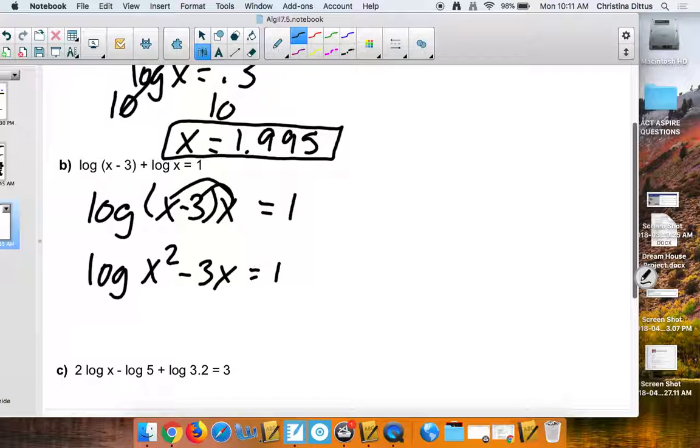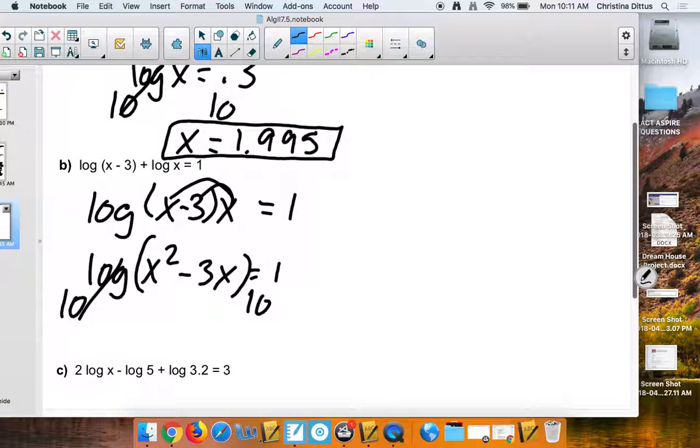And this should technically probably be in parentheses, because it's all log, right? That's all part of our log. How do I get rid of my log? 10 power.